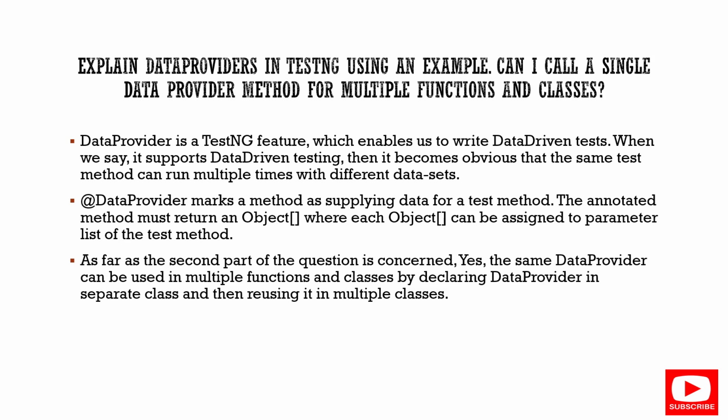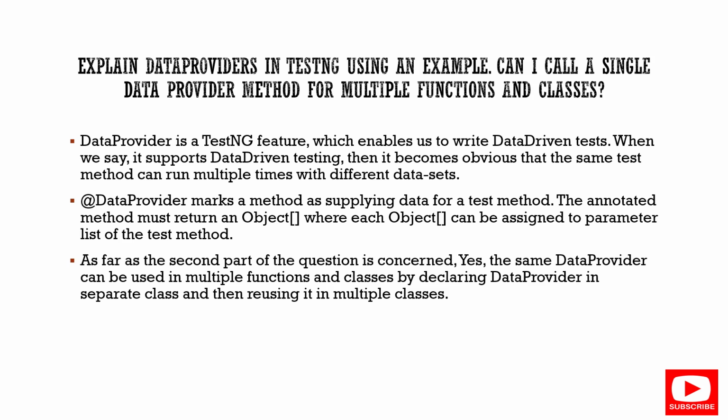So object will resolve that kind of issue, where object is the parent of all the types. Using an object you can give any type, and based on what we are trying to give as input, it will convert that into the respective type. As for the second part of the question, the same data provider can be used for multiple functions and multiple classes by declaring the data provider in a separate class and then reusing it in multiple classes.